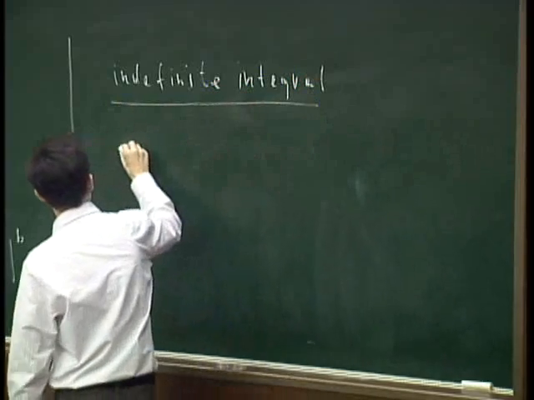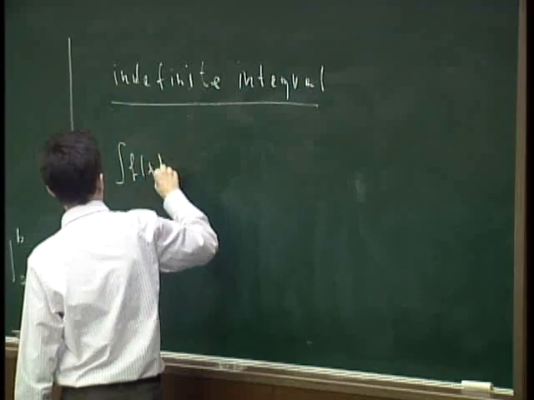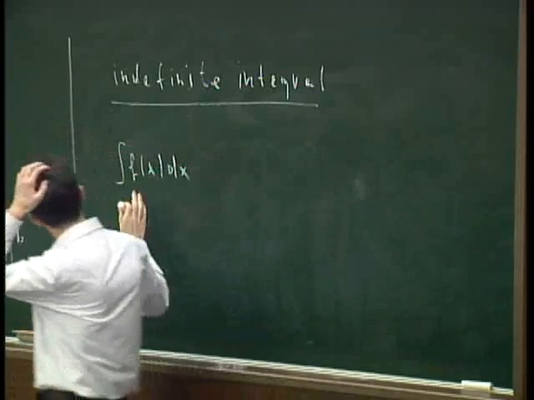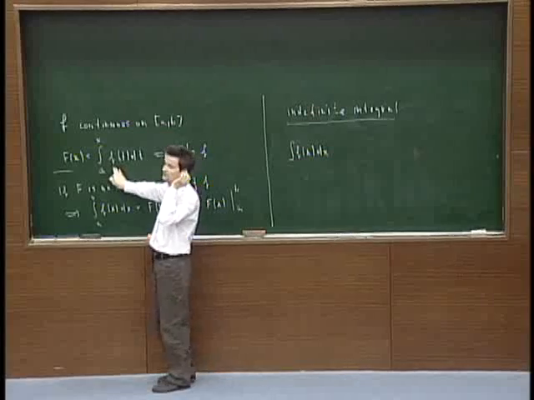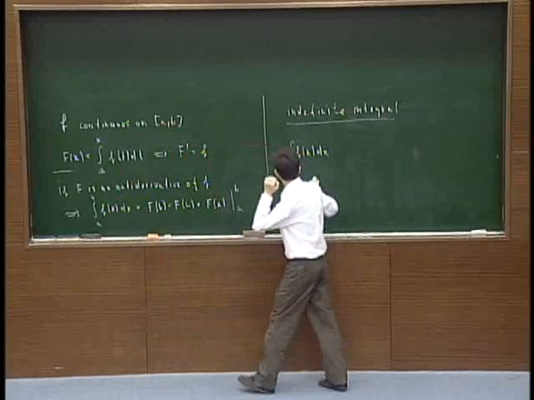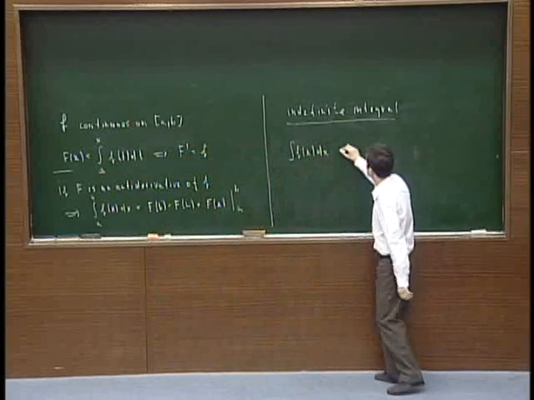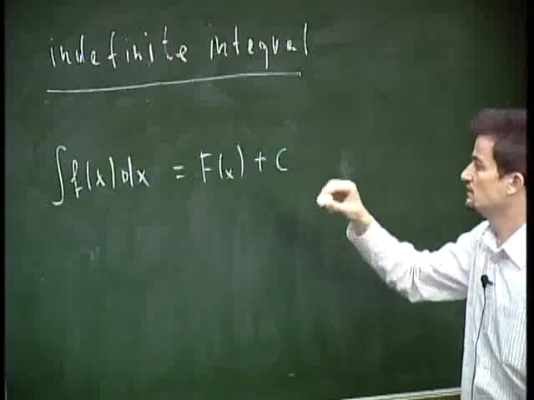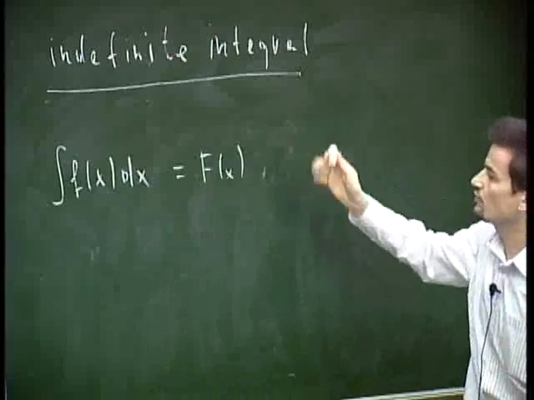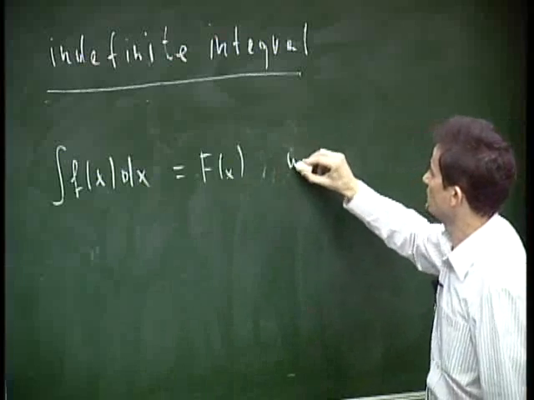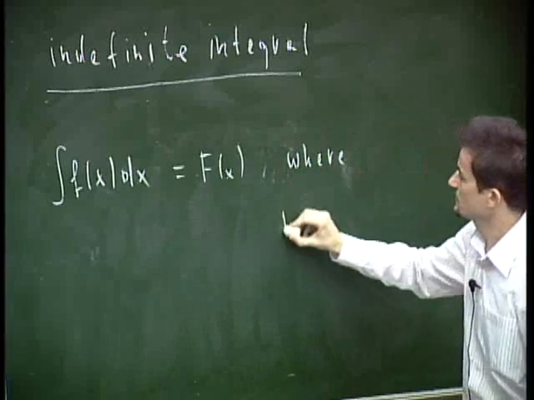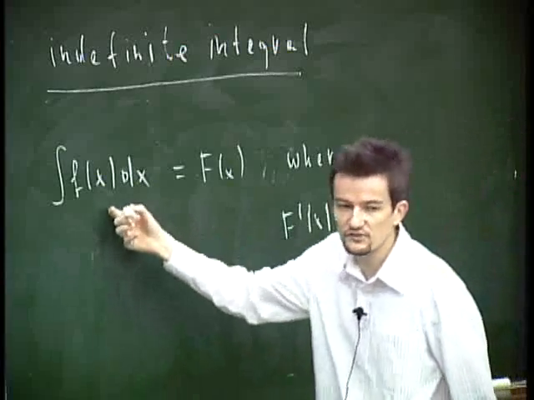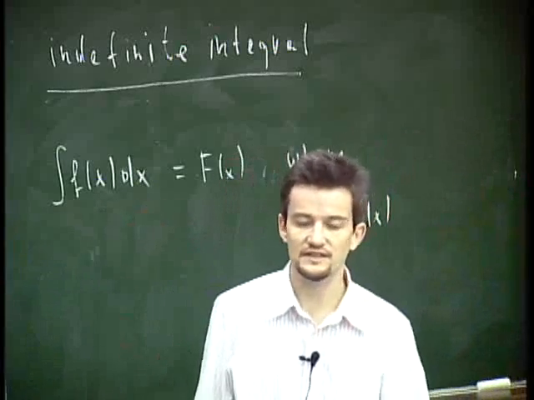If you have a function f of x dx, actually they're not really related, because the definite integral is a certain limit, but this is just another notation for a function, or maybe even more functions, where the derivative of F of x must be equal to f of x. So this is just another, more convenient symbol for antiderivative.